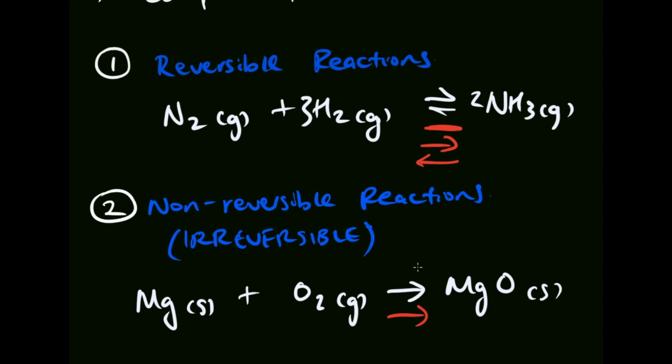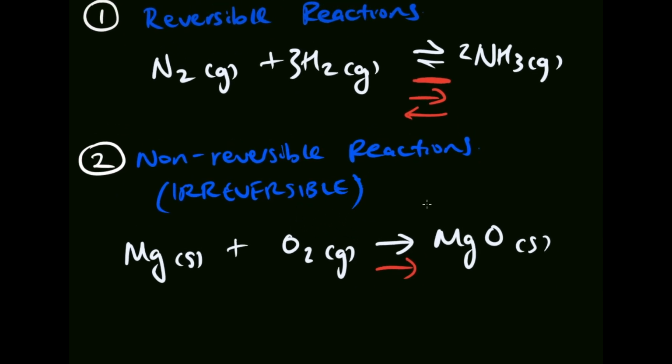And we'll explain why this is the case in the next video. But for now, just understand that non-reversible reaction means that it's only one directional, whereas reversible reactions are two directional, right? There's forward and reverse reactions.